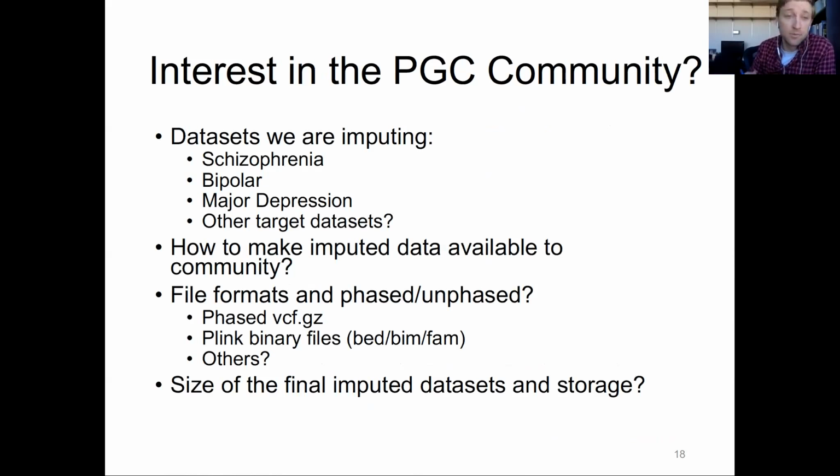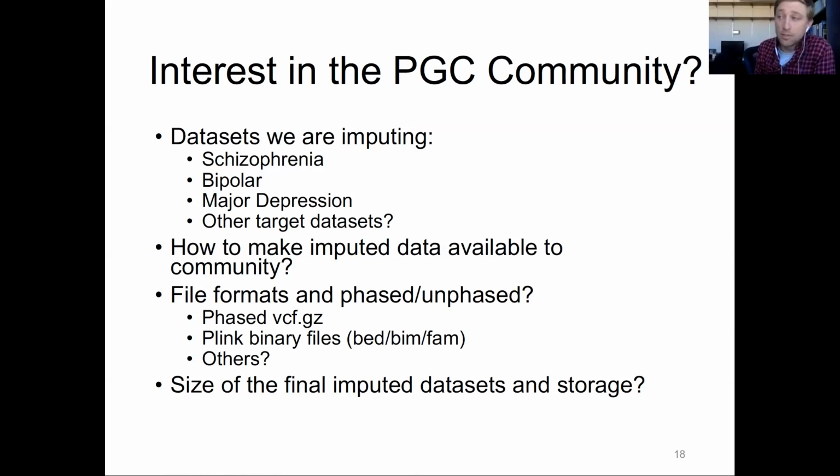We have access to, and we're going to be imputing, depression, bipolar, and schizophrenia data sets. If there are other target data sets that people are interested in, or at least making scripts and those kinds of things available, or the imputed data themselves, if there is interest, if people would like to see this, perhaps filtered or not filtered, those kinds of questions.